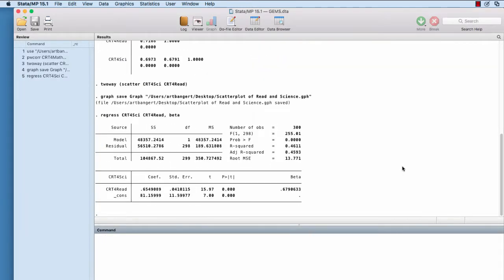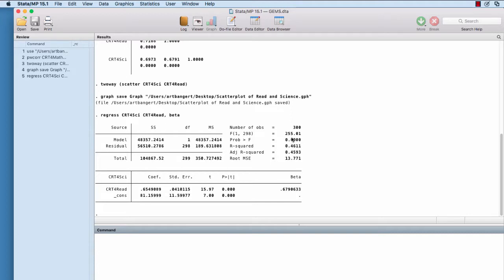And so we can see the results of our regression analysis. Now we have a lot of information on this page. And probably the first thing we want to look at is the R-square. In other words, how much of the science scores is being explained by reading? So we can see that to interpret this R-square, 46% of the variability in science scores is due to a student's reading ability.